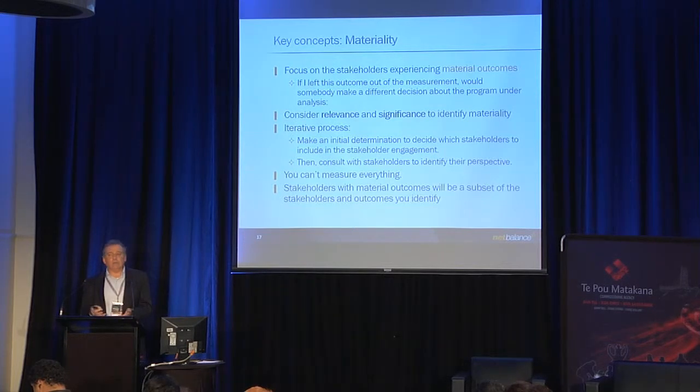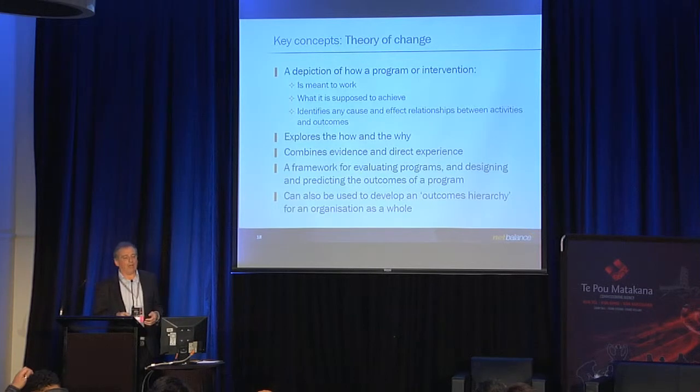But then you talk to the other stakeholders and they confirm or disagree with you. And at the end of it, you have a subset of the most important outcomes for your stakeholders. And then that's what you invest the measurement time in. You don't try and cover everything. You home in on the most important changes in their lives and do a really good job of that.